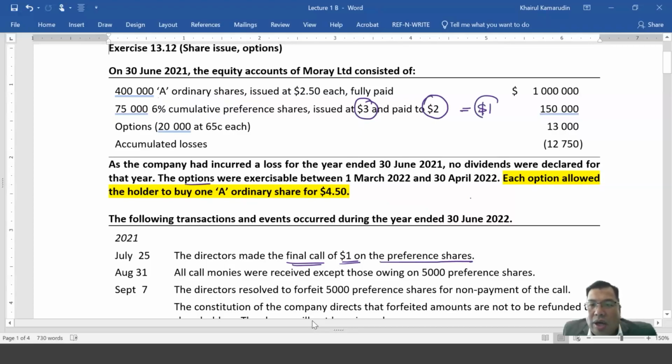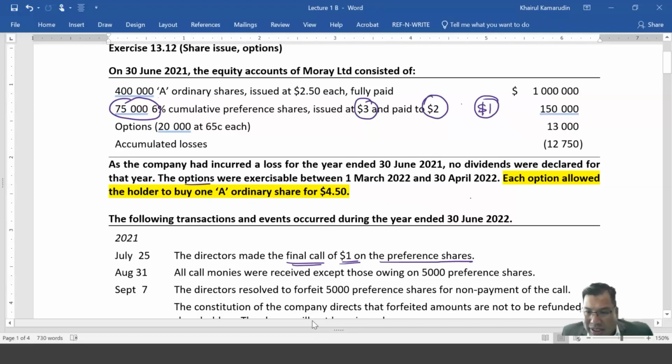So you are calling them to pay this $1 on the 75,000 units. This means you are calling for payment of $75,000, because $1 multiplied by 75,000 units. This is what we call a call.